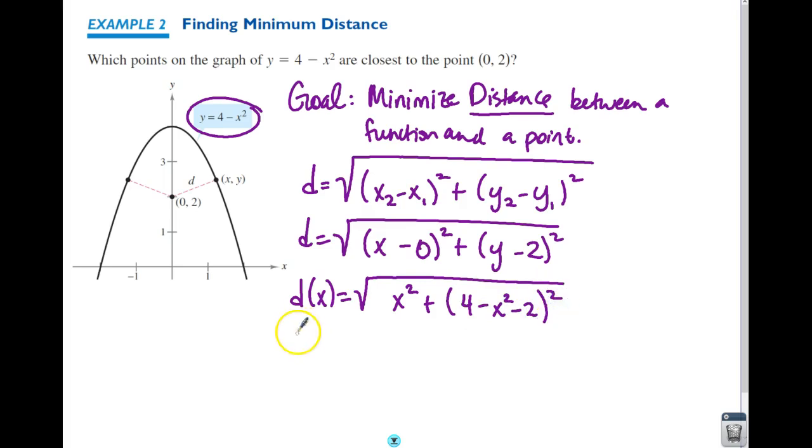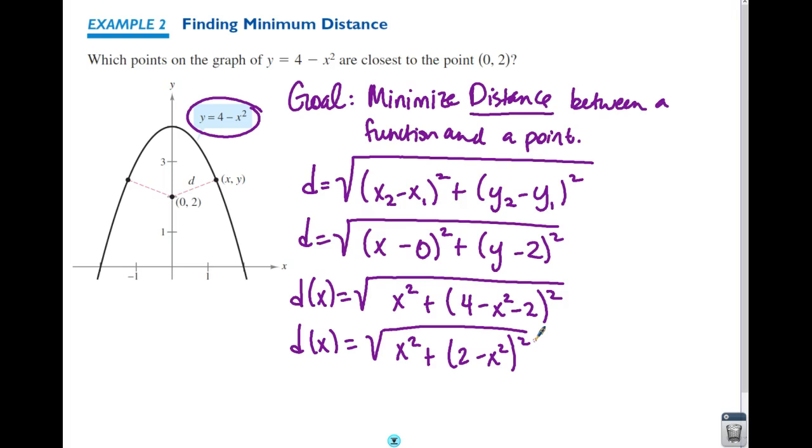Clean this up a little bit more, and the distance is equal to the square root of x squared plus 4 minus 2, so 2 minus x squared quantity squared. Okay, so now my distance is written as a function of just x.